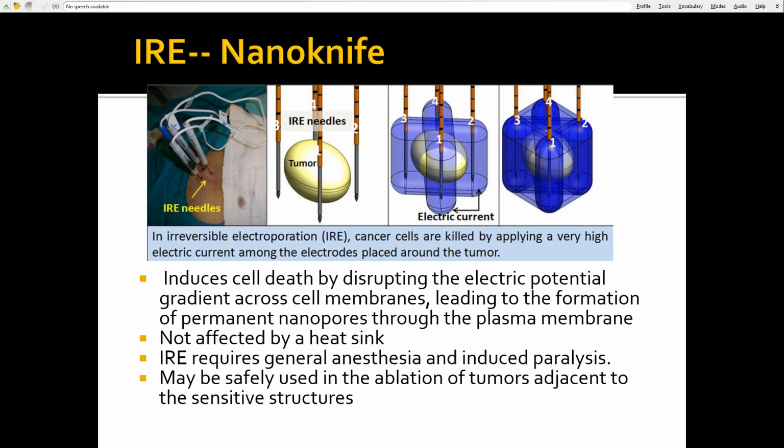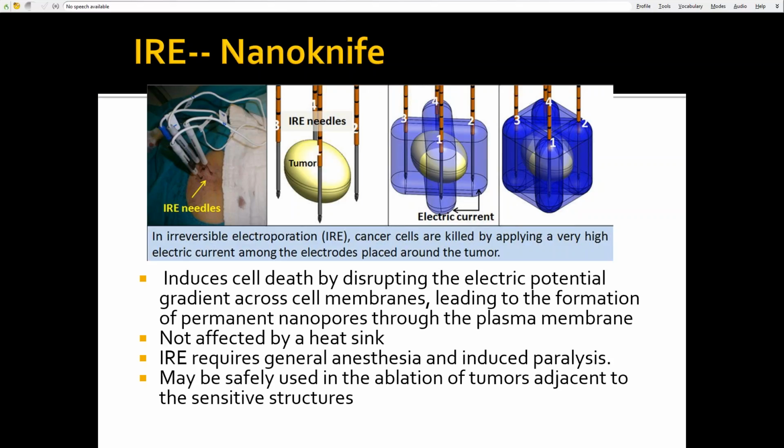There's an electric potential gradient that goes across the membranes in this particular area, and what it does is it causes holes to be made in the actual tumor itself and all the intervening tissue to cause a leakage of all the contents inside the cell, and that hopefully would kill the tumor.